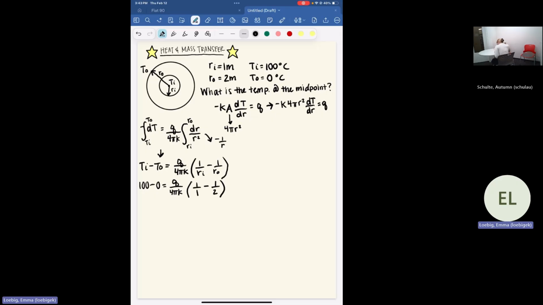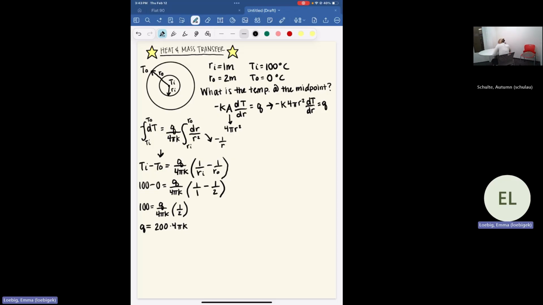Simplifying further, we get 100 is equal to Q over 4 pi K multiplied by 1/2. Moving our terms over to the left and isolating Q, we'll get that Q, our constant, is equal to 200 times 4 pi times our thermal conductivity.